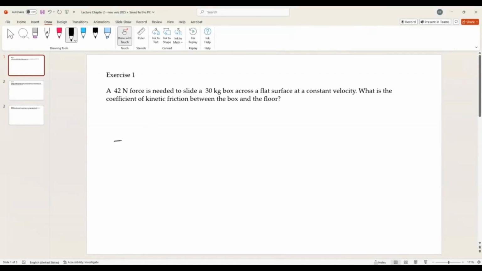So here we have the horizontal surface, and we have our box here with a mass m of 30 kilograms. So m is the mass and is equal to 30 kilograms, right?